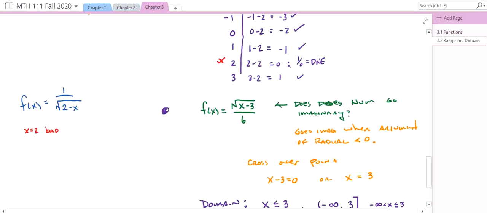But anytime x is greater than 2, that's also bad. Why is it bad? Well, because now we're going to end up with a negative number in here. So for our domain, we have to take both of these ideas into consideration. And we could just say x must be less than 2. Not including 2, but less than 2.